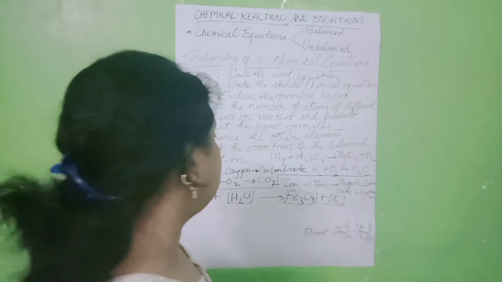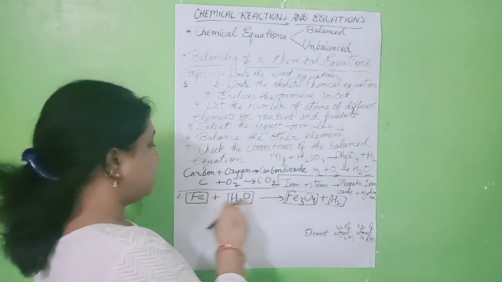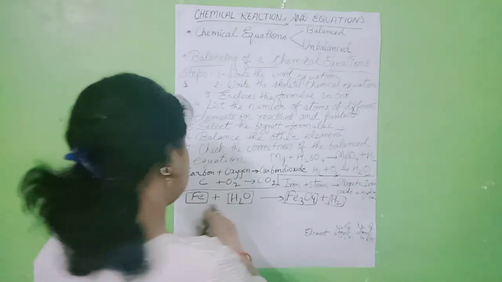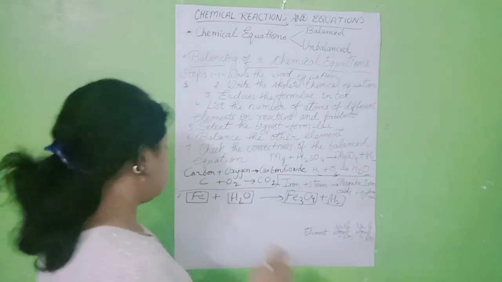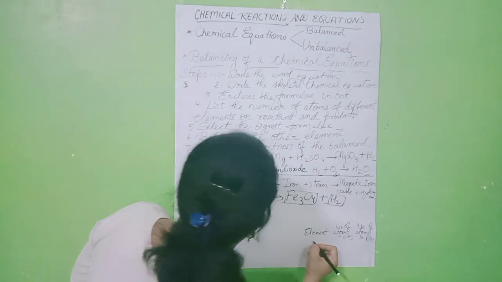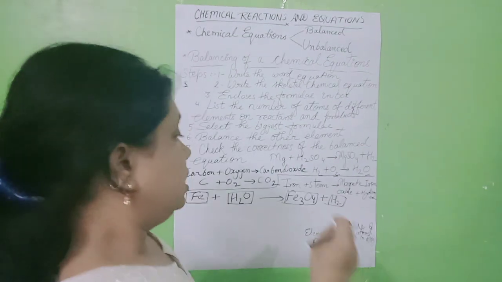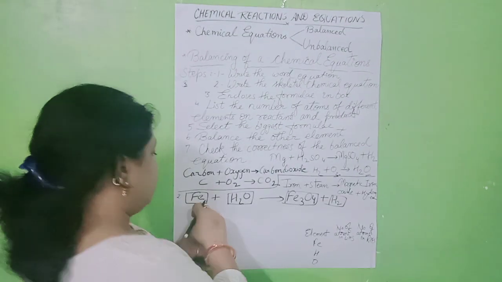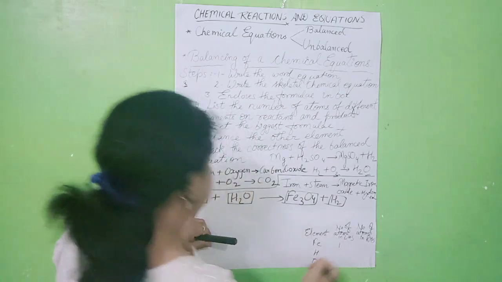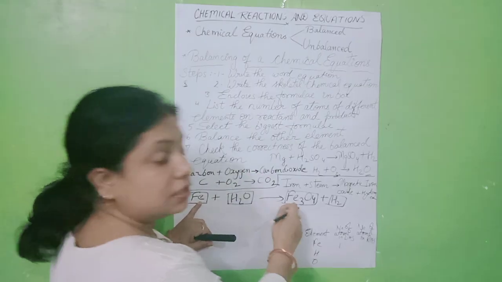Now what are the elements which I have used in the chemical equation? That is Fe, H and O. Left hand side number of atoms of Fe is 1 and right hand side it is 3.